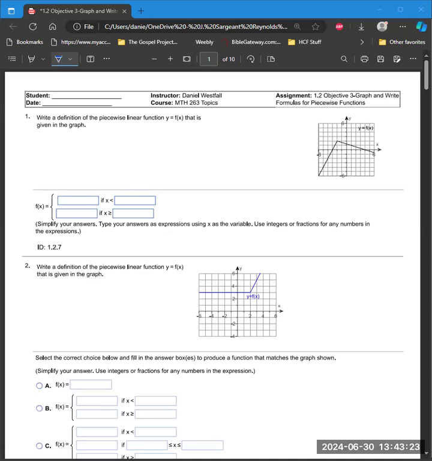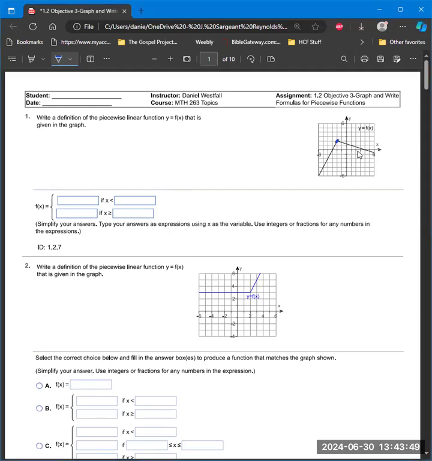So we're going to have to find the slope and a point for each piece, maybe the y-intercept if we know it for that piece. So let's go ahead and look at the first one. Definitely looks like we have the point -2, 2 for both pieces.